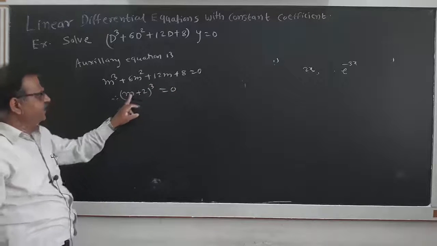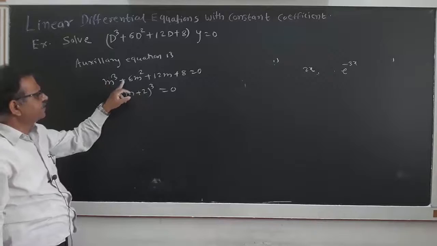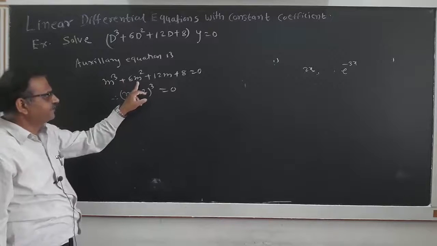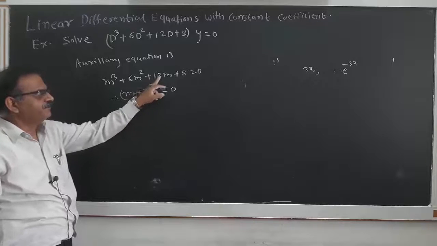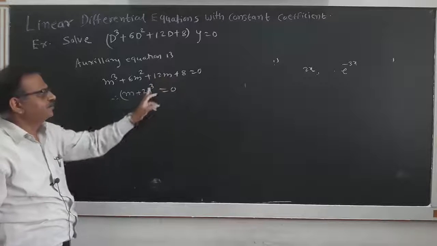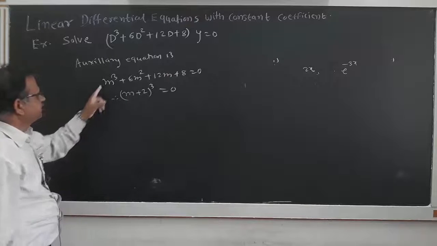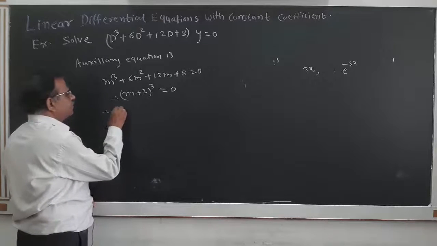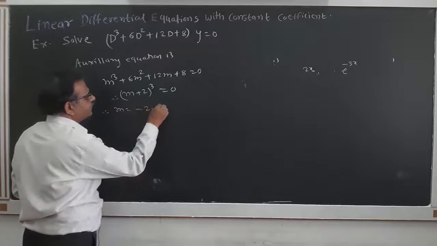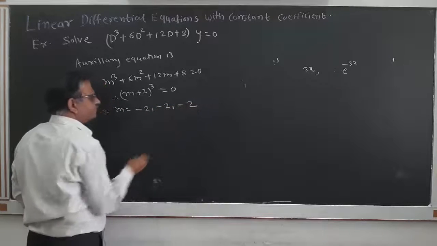See, expand this: m³ + 3 into 2 times m² + 3 into 2² times m, 3 into 4m, that is 12m, plus 2³ is 8. Therefore, this is the perfect cube of (m + 2), and therefore m = −2, −2, −2.